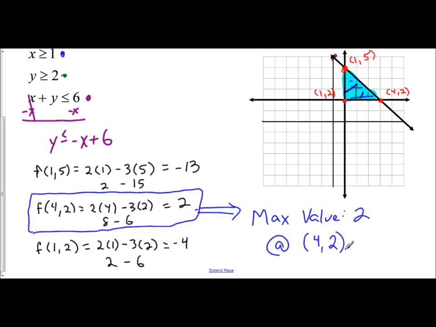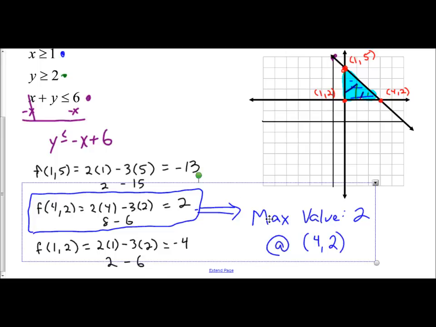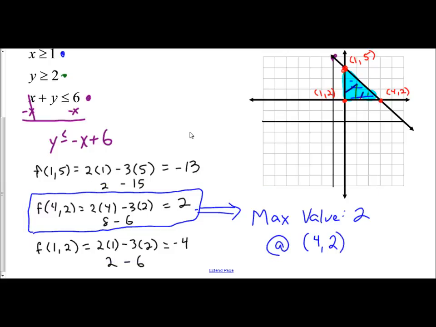Our maximum value is 2, and that occurred at the vertex of (4, 2) on our graph. So it relates the idea of graphing systems of inequalities. You find the vertices, which give you your x and y values for your function, and you plug those vertices in and determine what the problem is asking. This problem is asking just for the max, so we state what the max value is and at what coordinate created that max value.